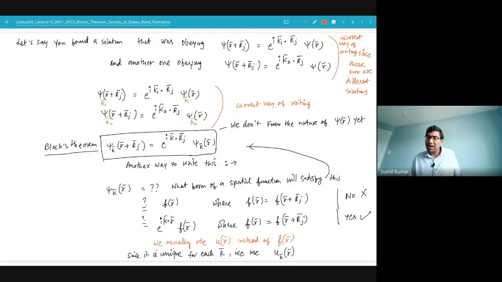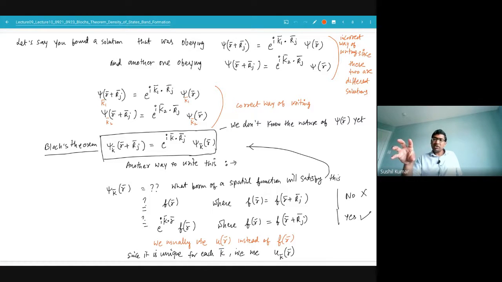Okay, so now let's talk about what this k is. I have written a little more, and maybe you can read. What I would argue is this k is a parameter that defines our wave function.